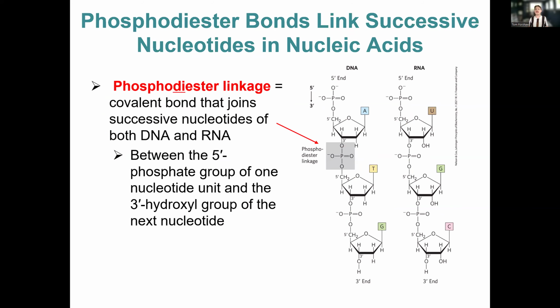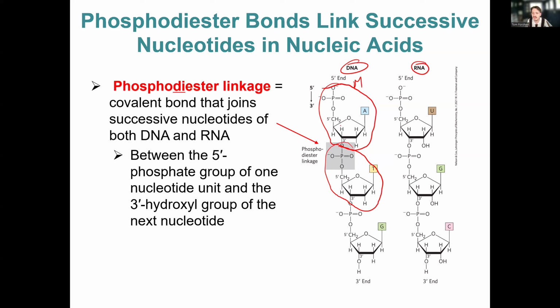Okay. Now, like I said, with the genetic material, the monomers are the nucleotides, and they join together with other monomer nucleotides in order to make the polymer of the genetic material, the nucleic acids of DNA or RNA.